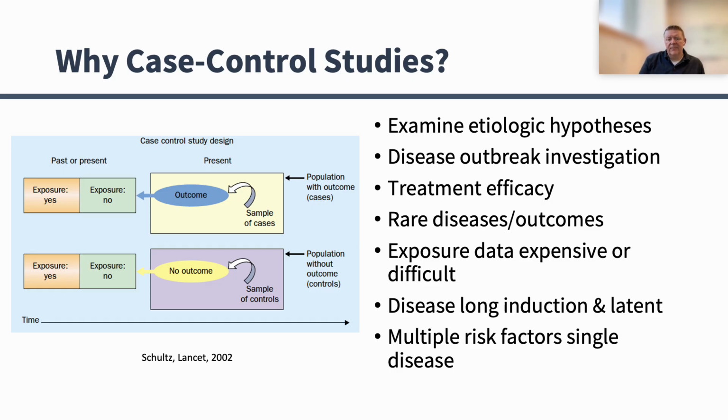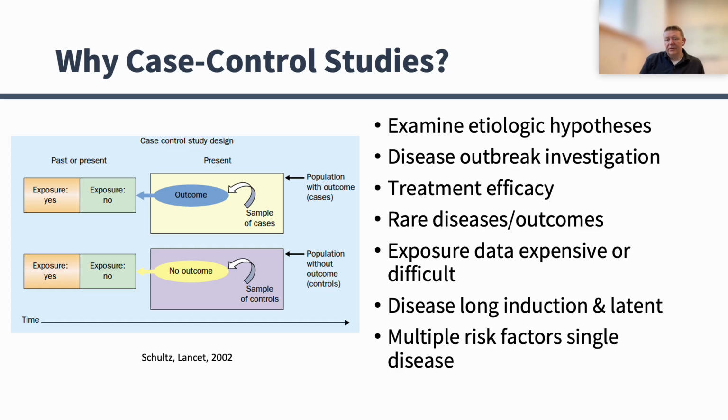It's also, for diseases that have a long period without being diagnosed or being observed or emerging and have a long latency period, case control studies are also particularly useful.